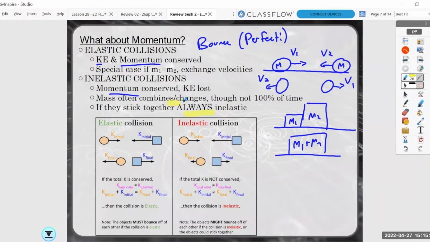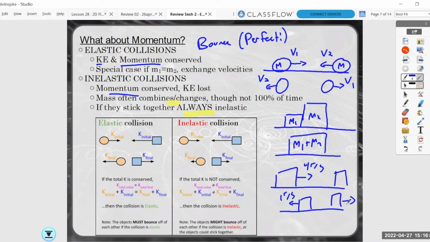But sometimes no. Sometimes they'll say this thing's going 4 meters per second and it hit something at rest. And then this bounces off and it's going 1 meter per second that way. How fast is the other one going? It might still be inelastic. Some energy might still be lost, but you can do conservation of momentum to figure out how fast the other one's going.